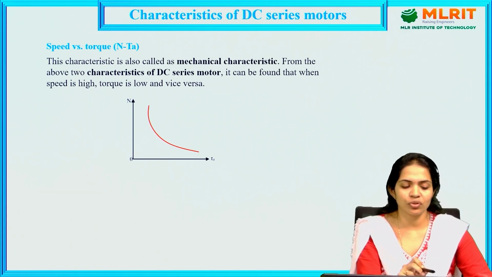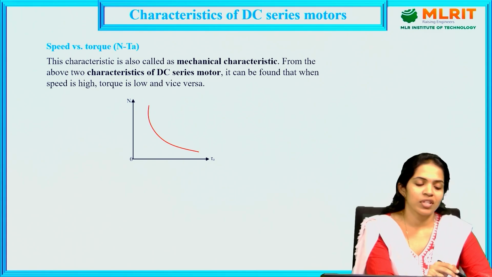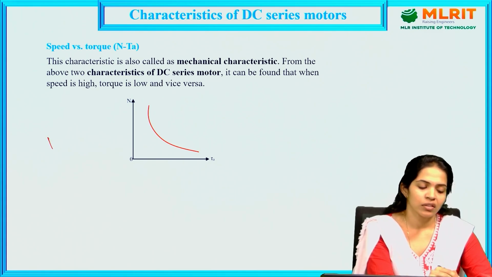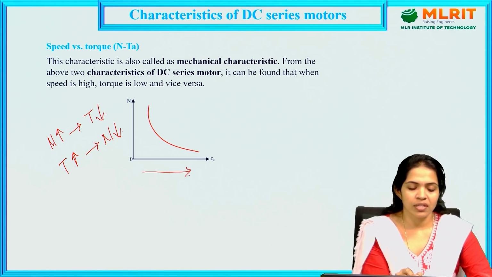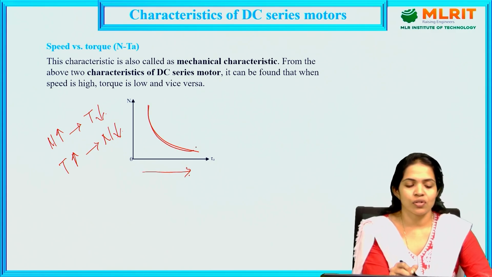So when the speed is high, the torque is low, and when the torque is high, the speed is low. When the torque increases, the speed slowly drops.